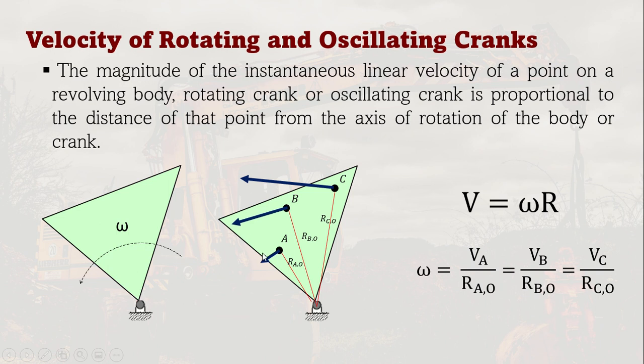As you can see here, for these points rotating on the same body, on the same link, they will have the same angular velocity. So the angular velocity of A, B, and C is the same, but their linear velocity is different because that is dependent on their distances from the axis of rotation. So I hope it's clear to us how to get the linear velocity and angular velocity of the points in a particular body.